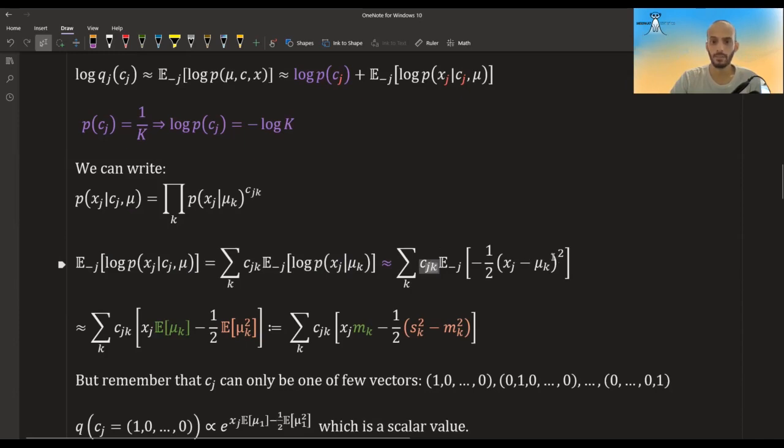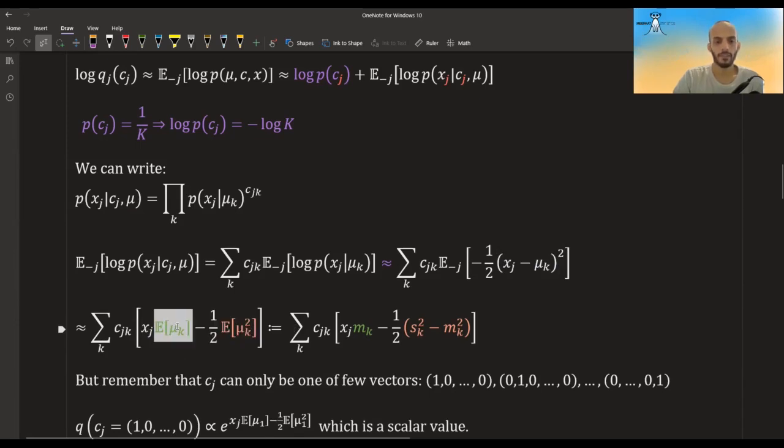But we are also left with x_j times mu_k times 2, and the minus and minus here cancel, and the half and the 2 cancel. So we are left with this times mu_k, and then the expectation goes inside, and we don't care about the expectation with anything else except for mu_k, because all the other expectations are not there. And also we will be left with mu_k squared, and then we get the expectation of mu_k squared.